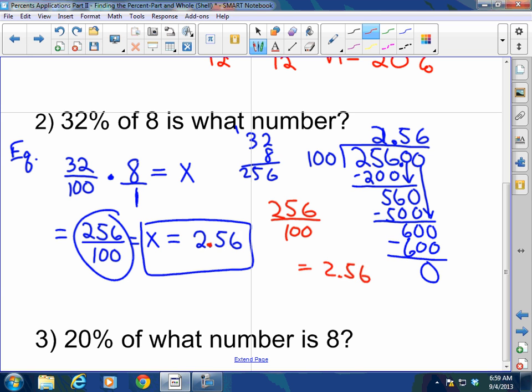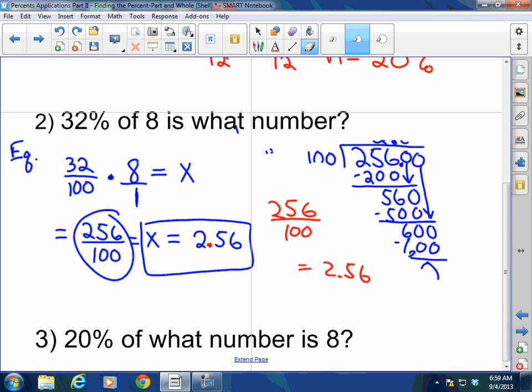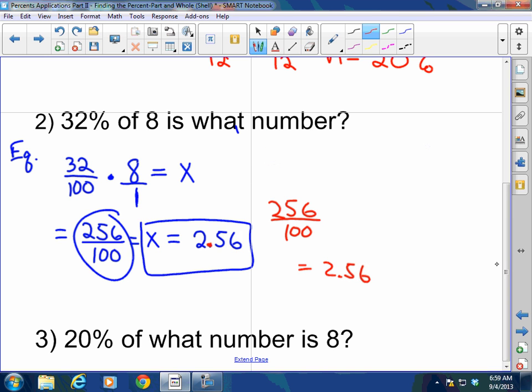Okay? So if I have, for example, just to show you, we're getting a lot of good skills here today. For example, if I have 35.9 divided by 10,000. I'm not going to stress this out, and I'm not going to do this the long way. I'm going to say, okay, there's 1, 2, 3, 4 zeros. So I have 35.9. I'm going to go 4 to the left. 1, 2, 3, 4.